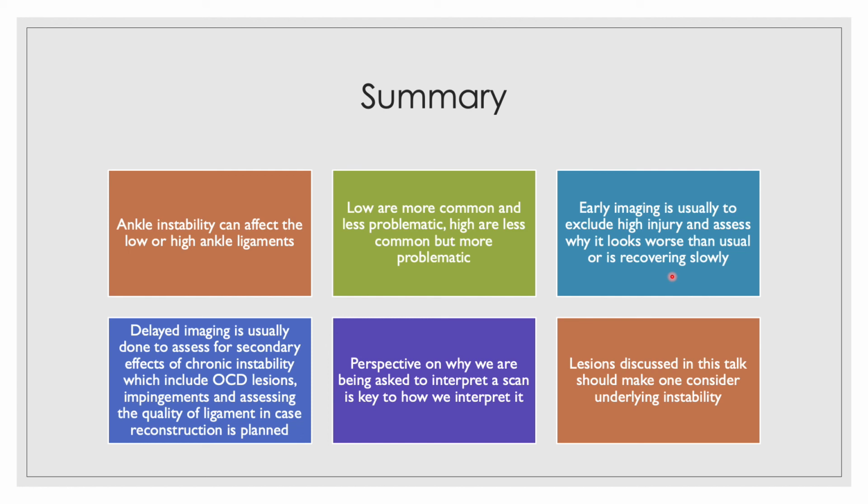Delayed imaging, on the other hand, is usually done to assess for the secondary effects of chronic instability, including OCD lesions, impingements, and assessing the quality of the ligaments themselves for reconstruction. Perspective on why we're being asked to interpret a scan is key to how we interpret that scan. So you must understand, are you dealing with an acute, chronic, acute on chronic, and how is the patient presenting for you to identify what are the key elements in the future management of the patient.